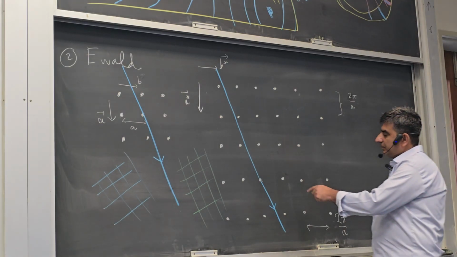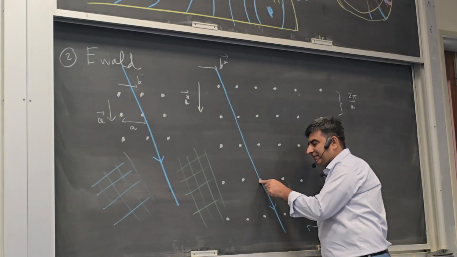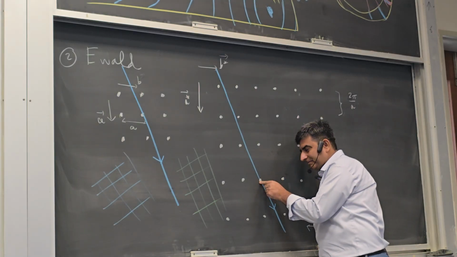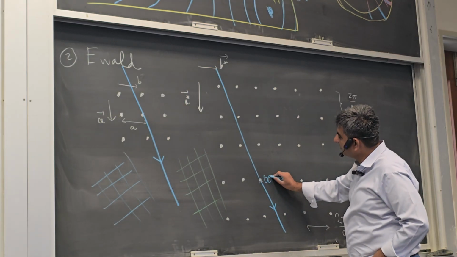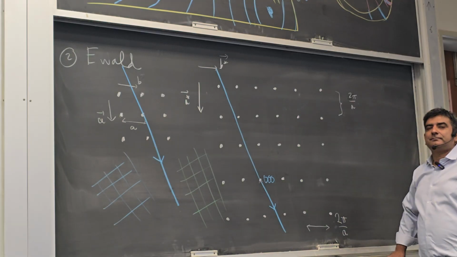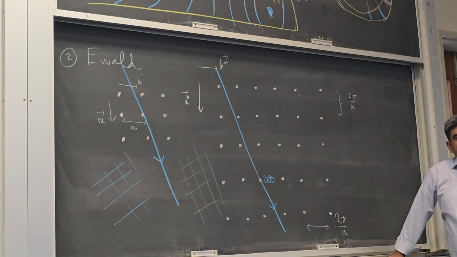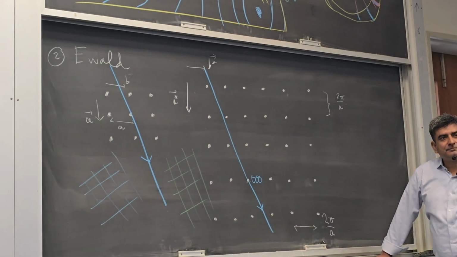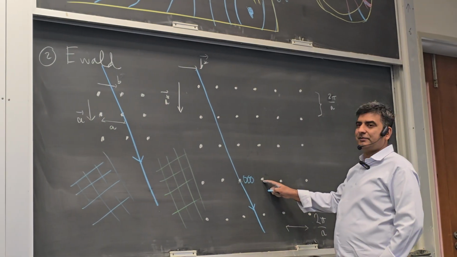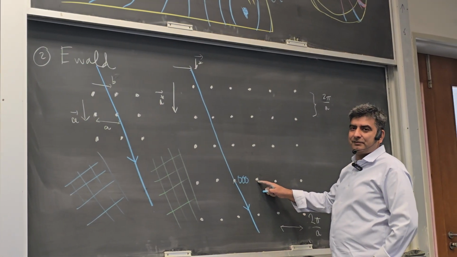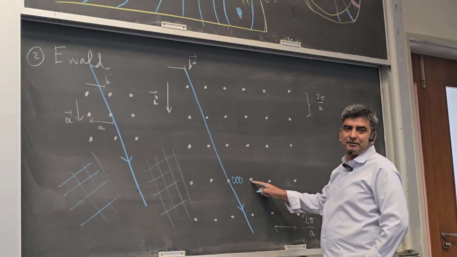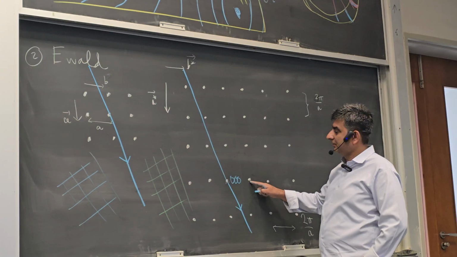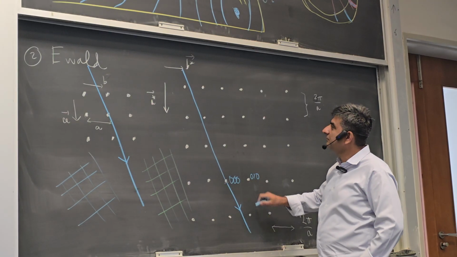Now this point at which this X-ray direction intersects is a reciprocal lattice point. Let's call this the origin of the reciprocal lattice, 0, 0, 0. Okay. Now what is this point? What is the index of this point in the reciprocal space? 0, 1, 0.